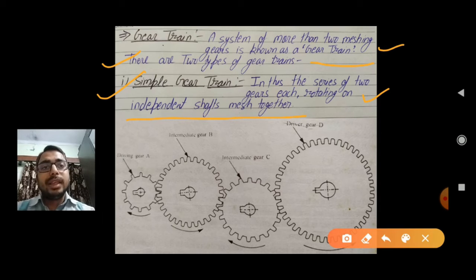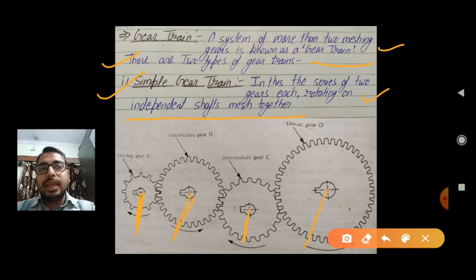As we see in this diagram, this is the shaft of gear A, the shaft of gear B, shaft C, and shaft D, on which the gears are mounted. All four shafts are parallel to each other, and the gears mesh with each other. This type of gear train, in which the shafts are parallel and the gears mesh with each other, is known as a simple gear train.